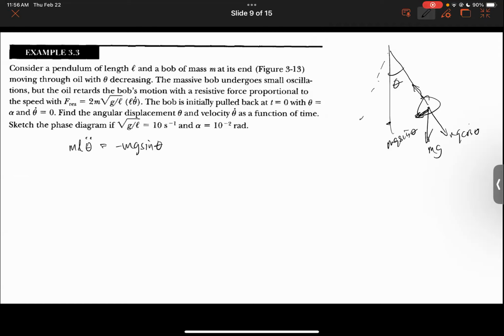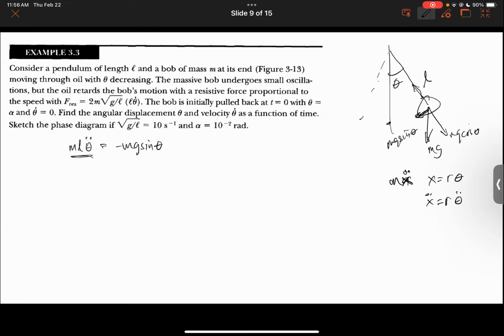And of course, this is just from Newton's second law, ni Newton na MA, di ba? MA or MX double dot. Okay, since ang X ay equal sa R theta, then X double dot ay equal sa R theta double dot. Ang R dito is yung radius, but in this case, it is the length of the pendulum, so ML theta double dot equals minus mg sine theta.